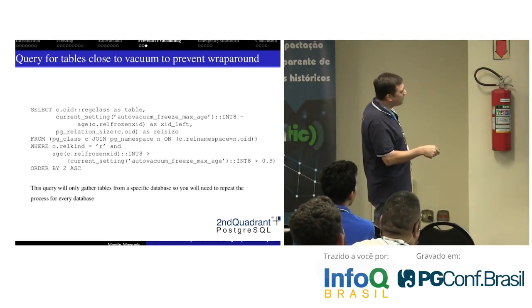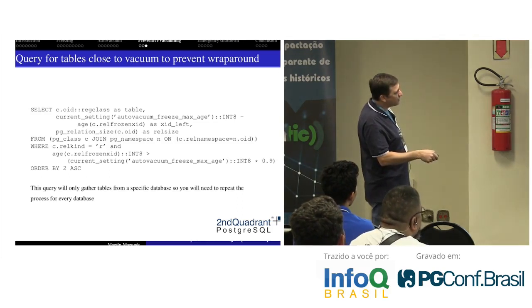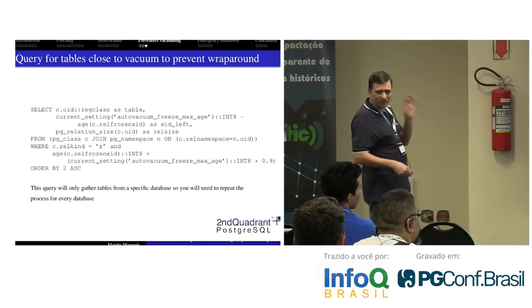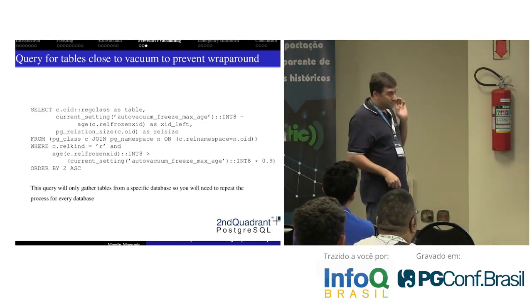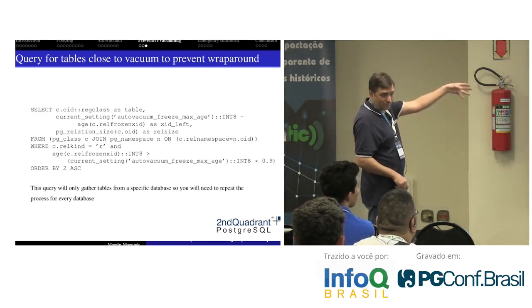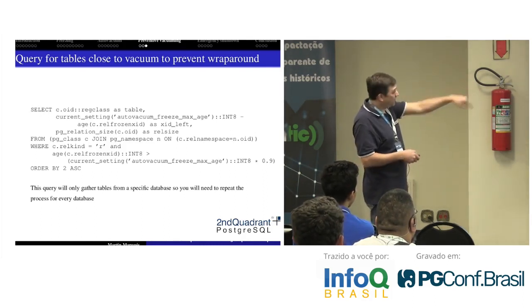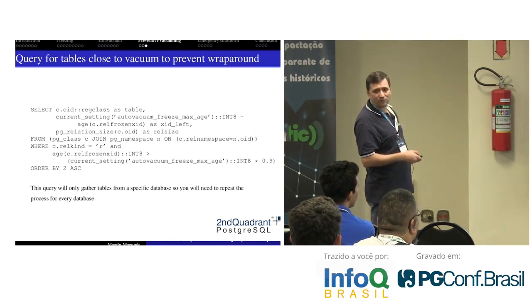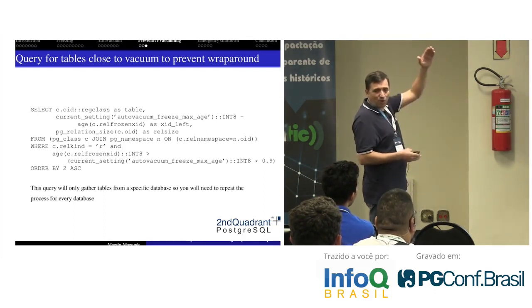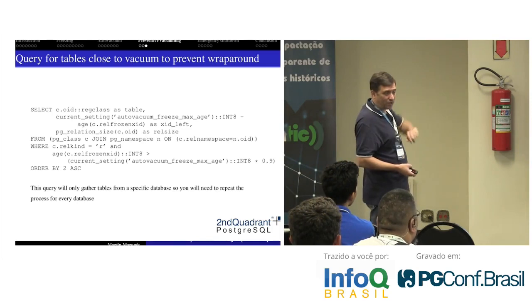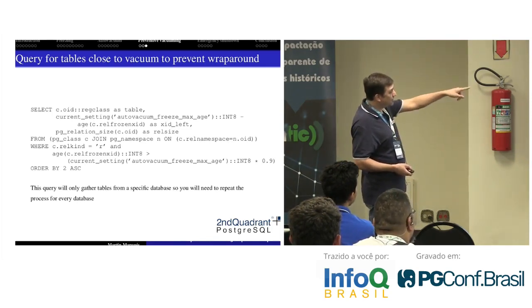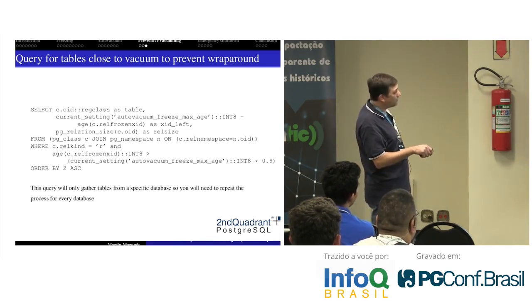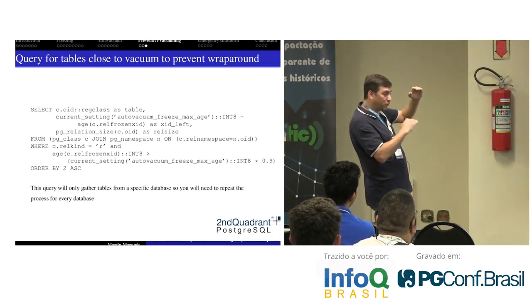So what I'm doing here is I'm getting the current autovacuum_freeze_max_age. This current_setting just looks at the current setting of that parameter, and I multiply it by 0.9, which is, I'm like lowering it to 90% of the value, so that I'm actually getting tables that are not above this value, but I'm actually very close.